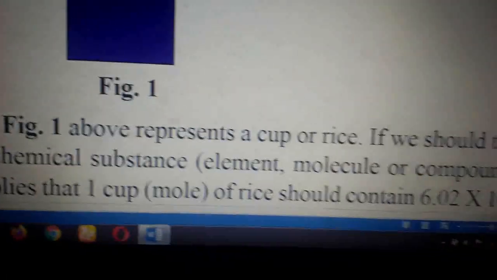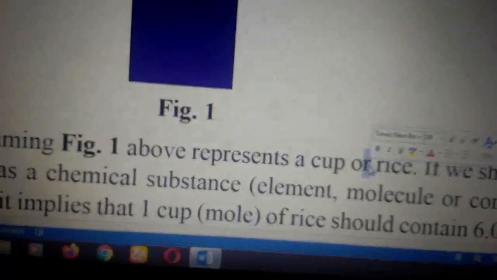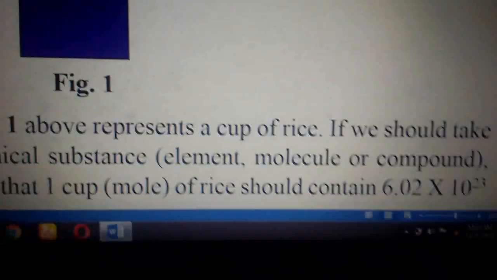So we say, assuming fig 1 above represents a cup of rice. I made the correction, a cup of rice.